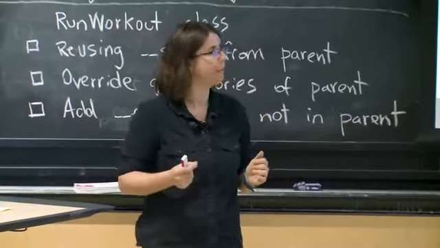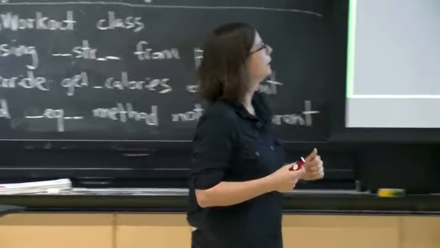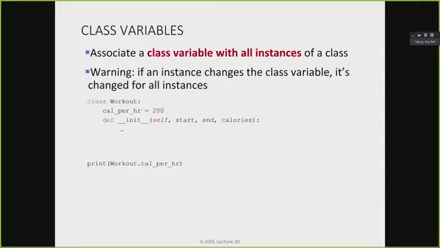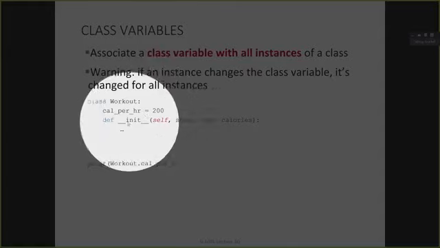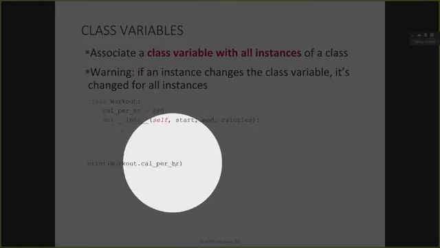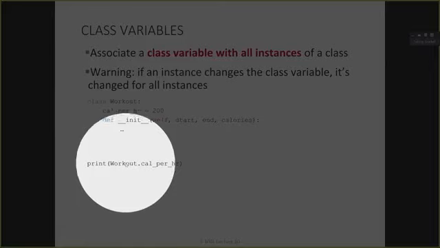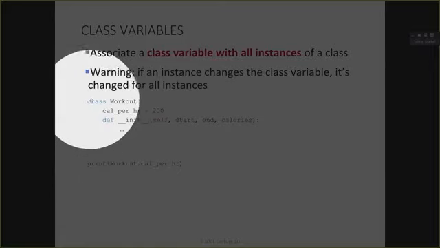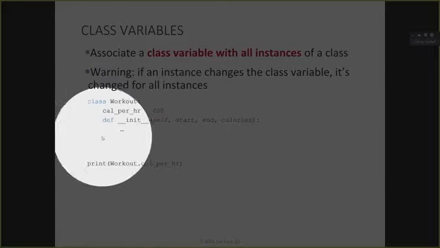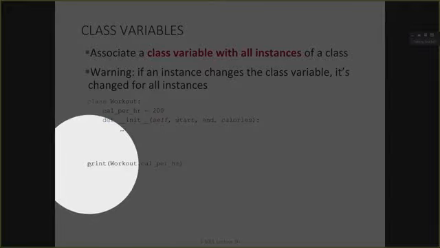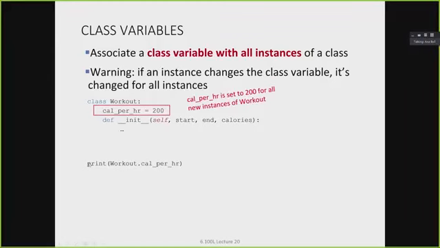But Python being Python, they allow you to access that class variable from outside the class definition as well. So we can do something like this. We can call the cal per hour class variable on the name of this class, outside of the definition. This is my class definition. It ended here, and this is just code that's outside of the definition. And Python will be happy to tell you what that value is.